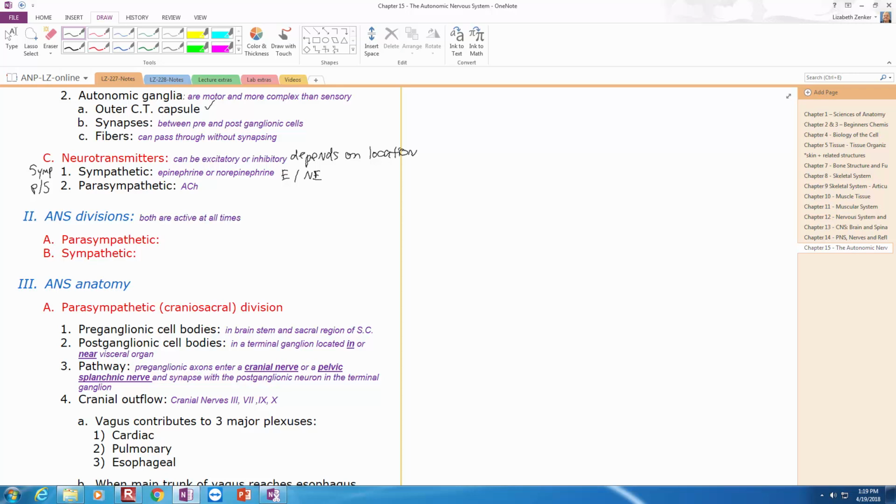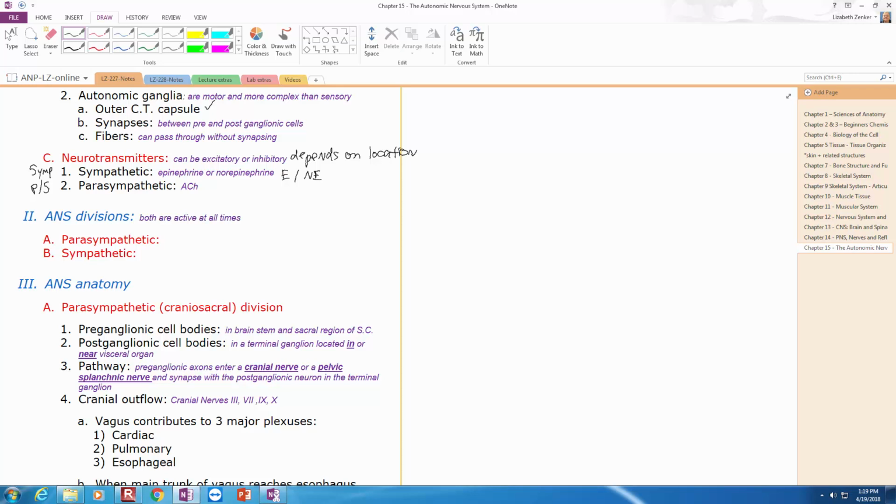Depending on the location, for example in the GI tract, the parasympathetic is your rest and digest, so it is working and digesting your food. But if that fire alarm went off, it would let the sympathetic override it and take over, because saving your life at that moment is more important than continuing to digest that meal from lunch today, okay?